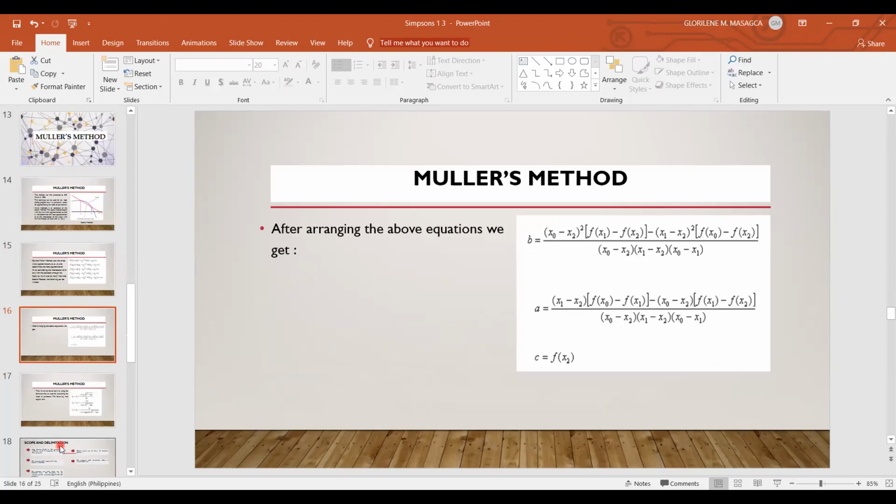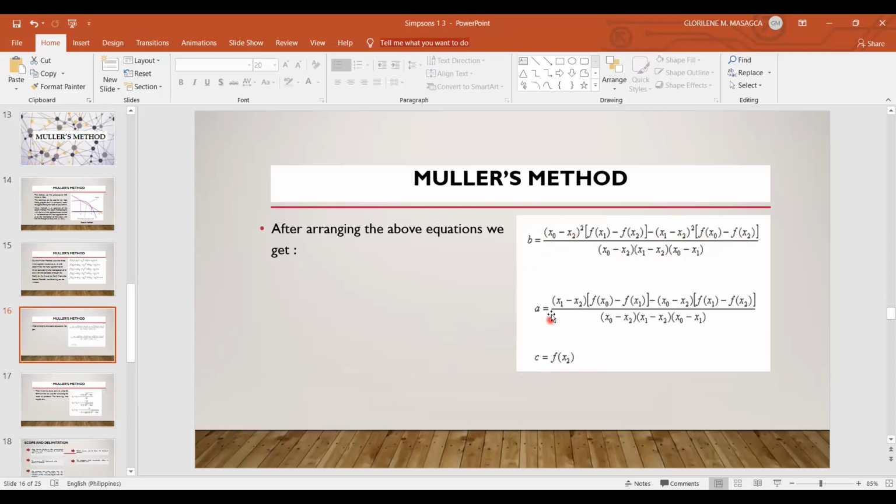So from the secant method formulas, the values of A, B, C are then derived. So B is equal to (x0 minus x2) squared times (f(x1) minus f(x2)) minus (x1 minus x2) squared times (f(x0) minus f(x2)), all over (x0 minus x2) times (x1 minus x2) times (x0 minus x1).